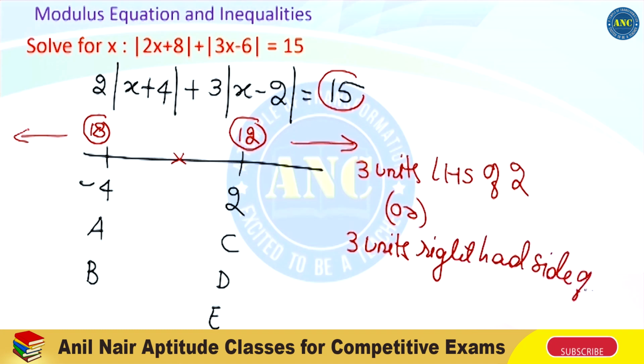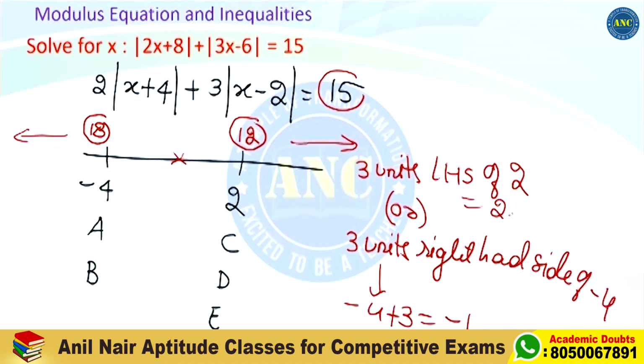In all the cases you will get the answer. Minus 4 plus 3 is minus 1, or 2 minus 3 is minus 1. So one value we got based upon the value of y for the corresponding critical points. I hope it is clear. Revision is mandatory. Ensure that you do as much revision as possible.